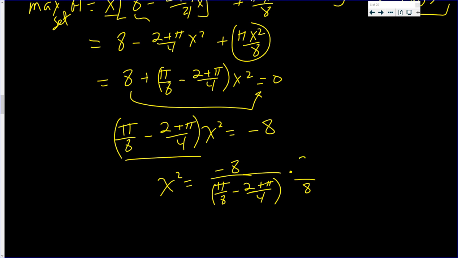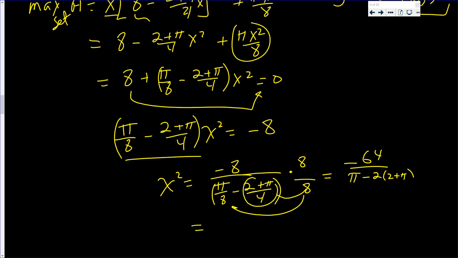So I have to multiply the top by 8. I want to clear out the denominators. So I get negative 64. 8 times that is pi, and 8 times this is going to be minus 2 times 2 plus pi.